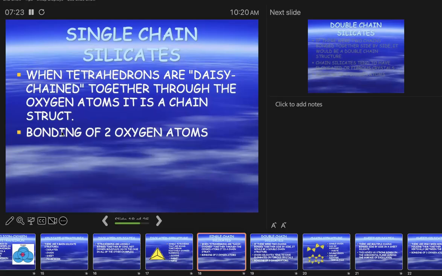So single chain. Single chain silicates. On the previous slide, yeah, it did just say chain silicates. There's 2 types. There's subcategory here, single chain and double chain. With the chain silicates, we're looking at literally just like if you had strung some paper clips together. All right, and you're bonding them.